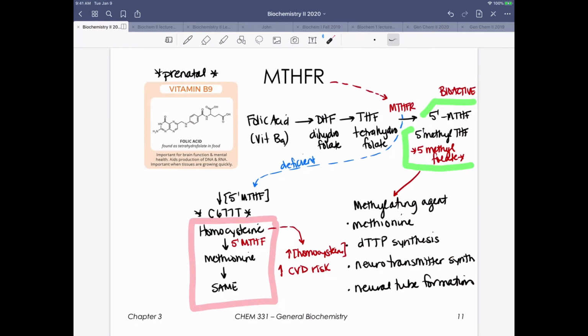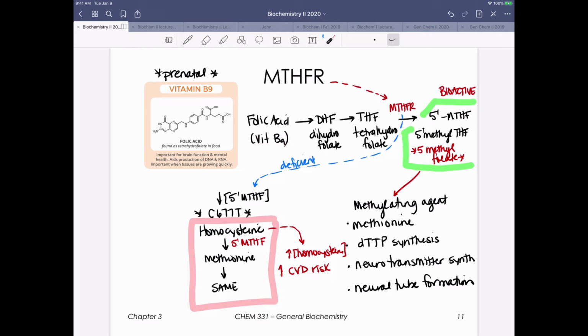All right, so again, thinking a little bit about the MTHFR situation. Some of this is information that we learned last semester, right? We learned about MTHFR being an important gene that's responsible for converting THF, which is tetrahydrofolate, into 5-methylfolate. That is the bioactive form of vitamin B9.